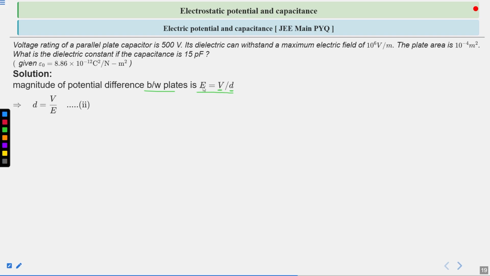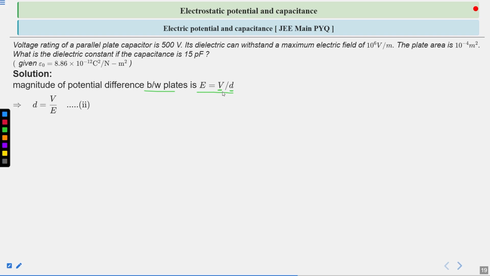We also know that E is equal to minus dV by dr, which is used for small variations or non-uniform electric fields. If the electric field is uniform, the same between the plates, we can use V by D. If the electric field is not uniform, then we use minus dV by dr.